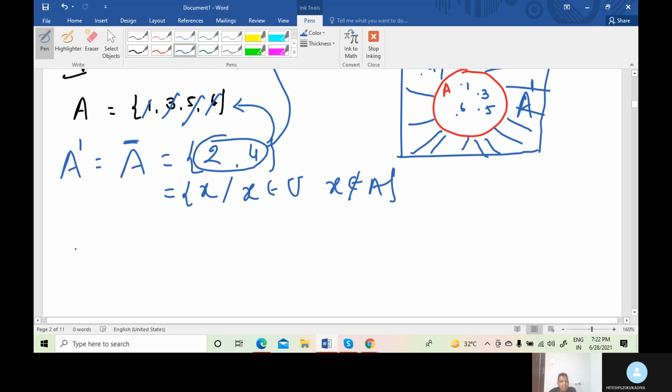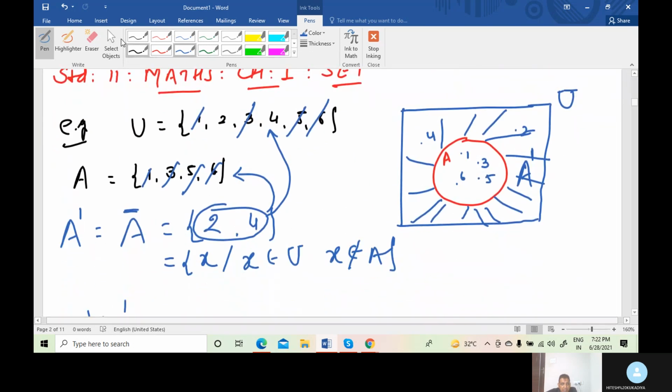Now again we discuss the complement of the complement. Here the complement of A is our elements 2, 4. Now from the universal set, 2, 4 will be cancelled.